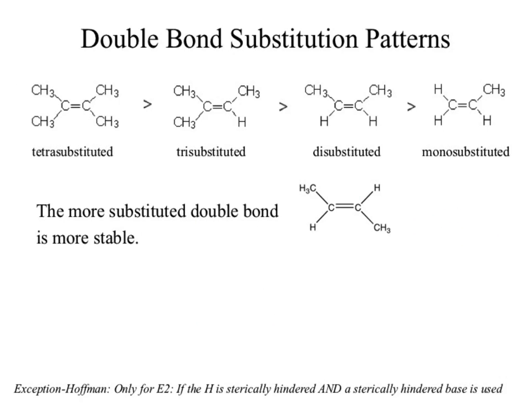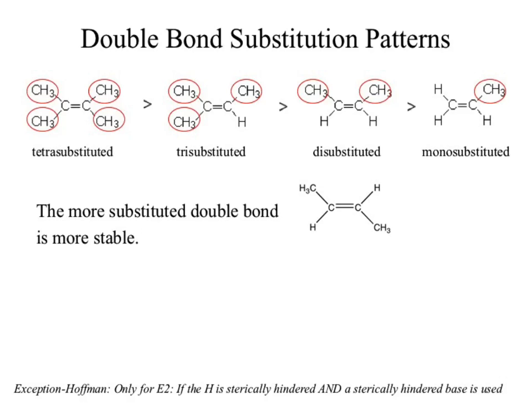So, your double bond substitution patterns: we've got tetra-substituted because there's 4 things connected to the carbons of the double bond, tri-substituted because 3, di because we've got 2, and 1 mono. The more substituted the double bond, the more stable.